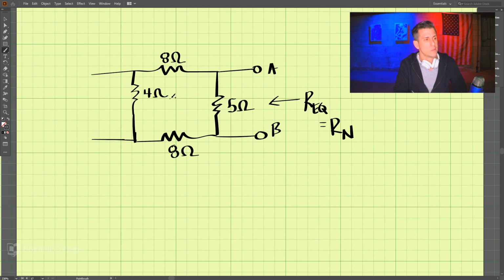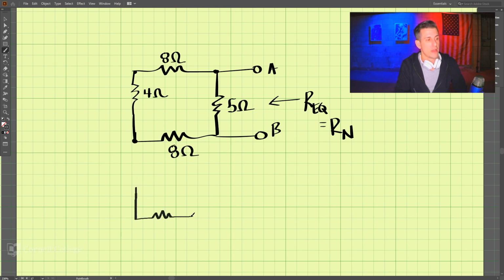Let's see, what's going on here? Do we have things in parallel or in series? Since there is no current flowing this way, these two are in series, and so that would be 12 ohms.